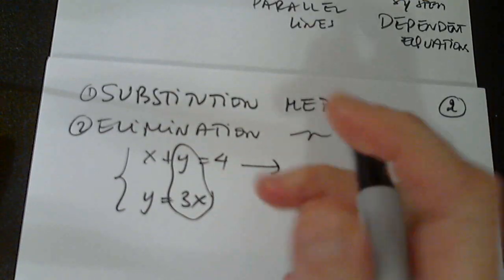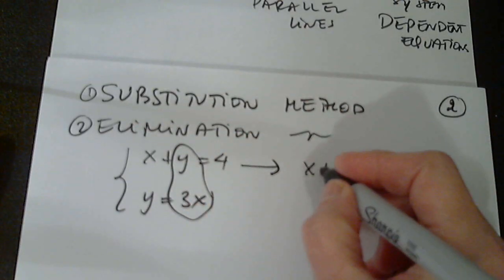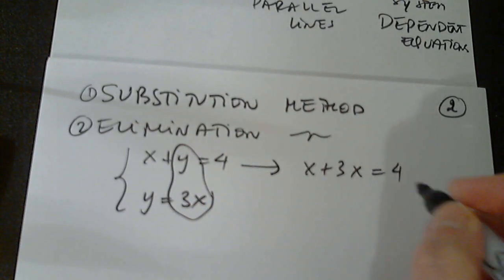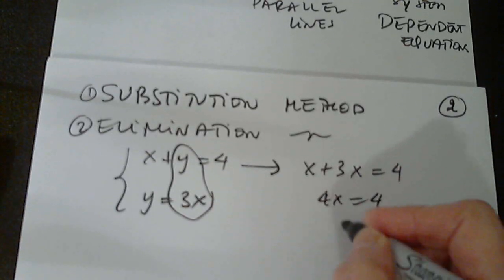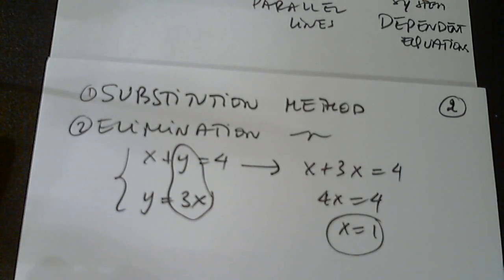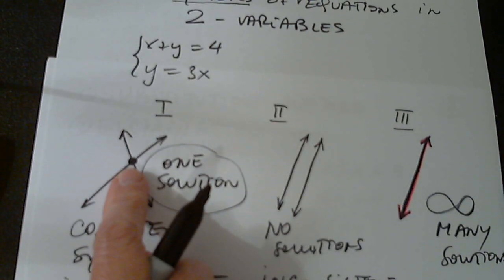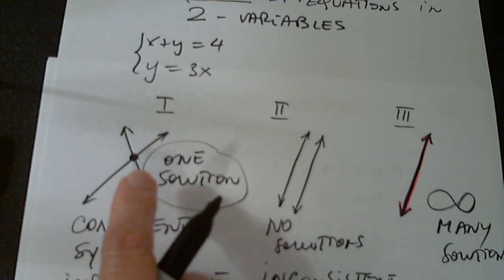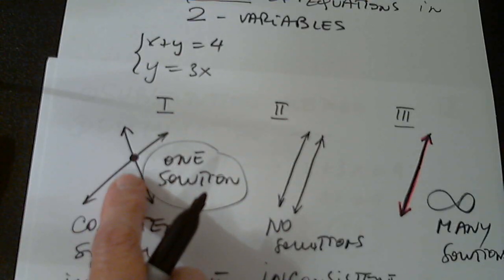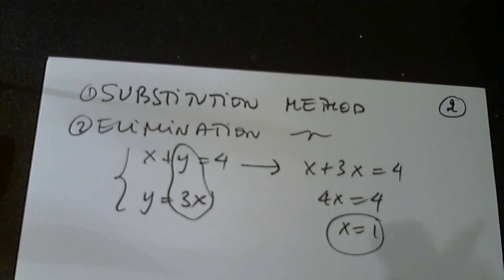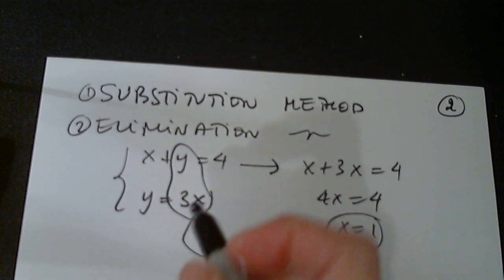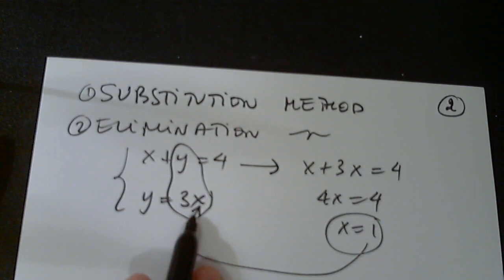So then the new equation number one is x plus 3x equals 4, or 4x equals 4, or x equals 1. So this is the situation. It's one solution, but I have to find the ordered pair. Just finding x is not good enough. But there is no problem. I will go back and replace x by 1, and I get y equals 3.